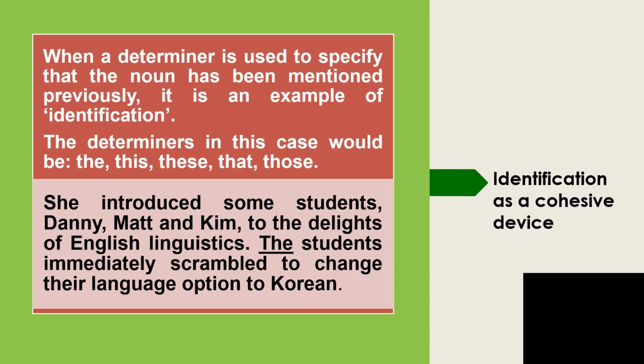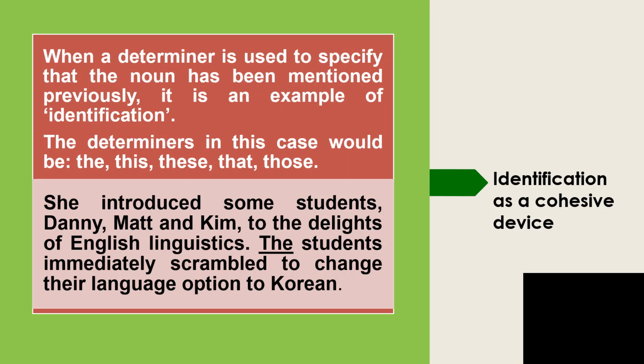And again, it's simpler to just use an example, to just go to the example down here in the pink box. She introduced some students, so notice just any students, some students, Danny, Matt and Kim, to the delights of English linguistics. The students, notice the same students, the ones mentioned in the previous sentence, the students immediately scrambled to change their language option to Korean or whatever.